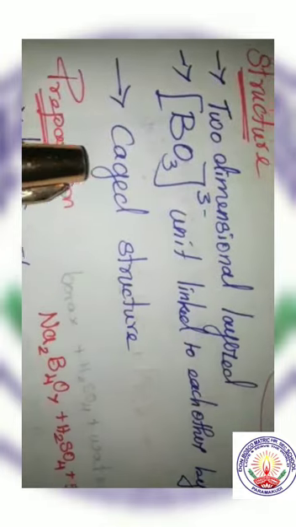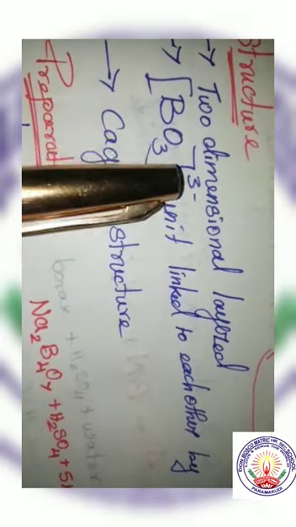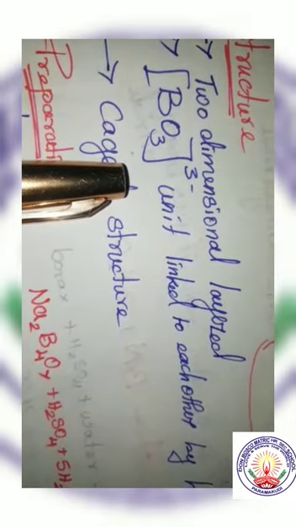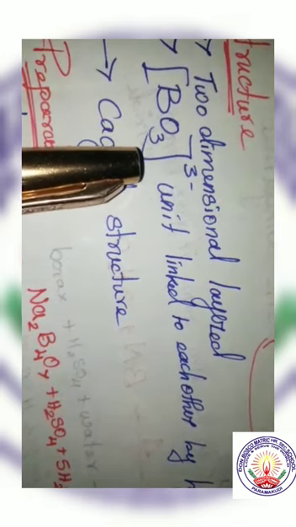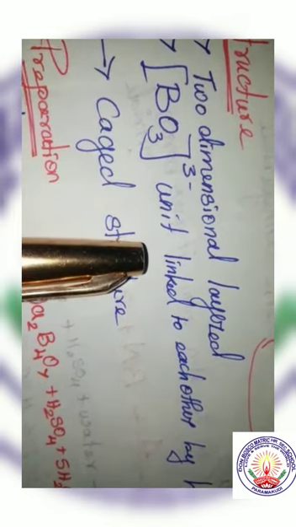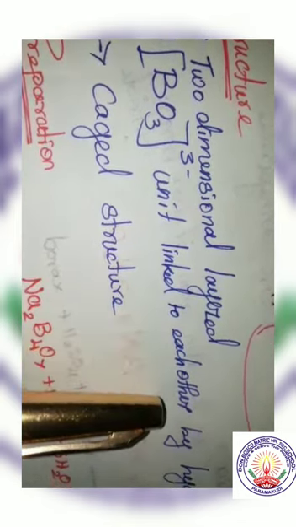The second point is BO3 3 minus unit. So each BO3 3 minus unit is linked together by hydrogen bond. You look at the structure closely. This is one BO3 unit. This is another unit.